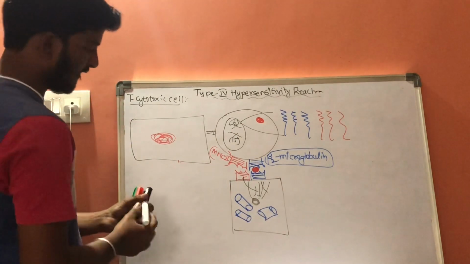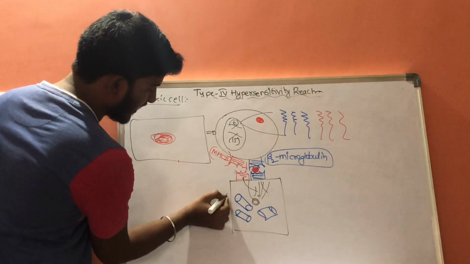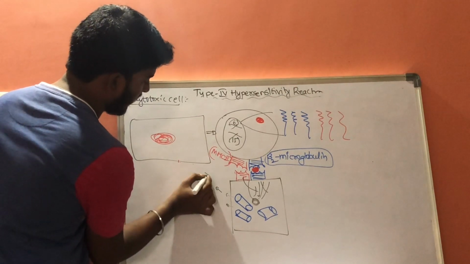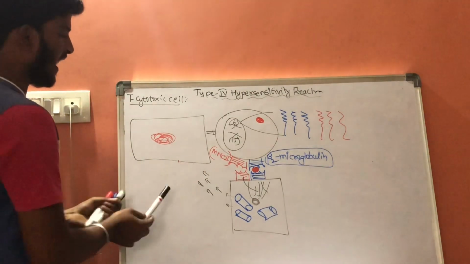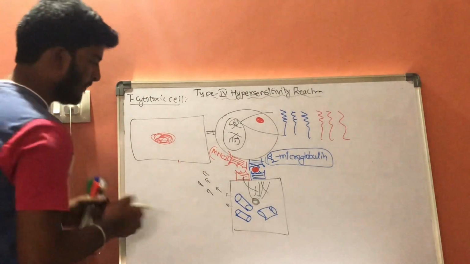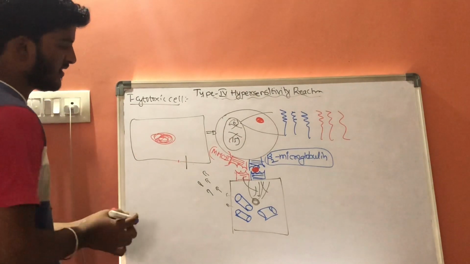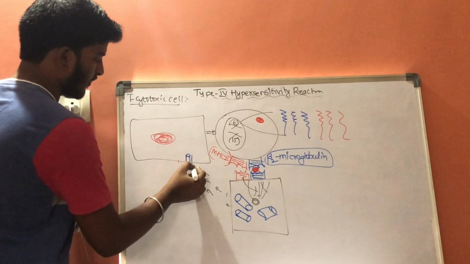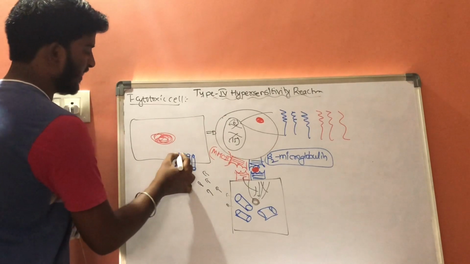Now these special proteins will move out of the T helper cells and move towards the virally infected cell. They will settle at the membrane.